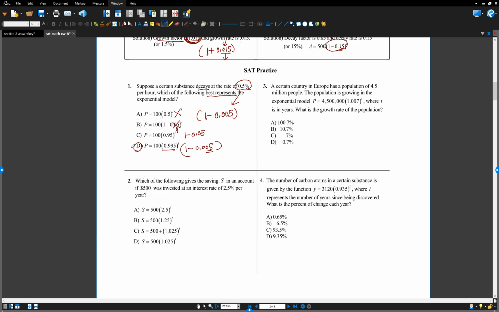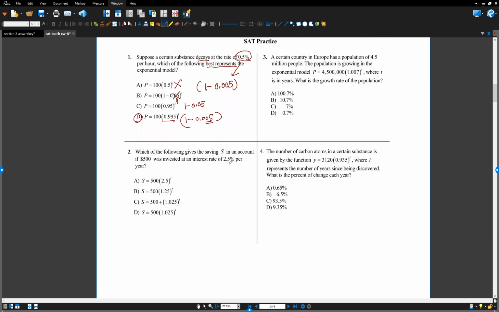All right, number 2. Which of the following gives the savings in an account if $500 is invested with the interest? This is the interest percent. This is an increase. This is the initial, already multiplied by the exponent. That is the initial, but this is not an exponent, forget it.